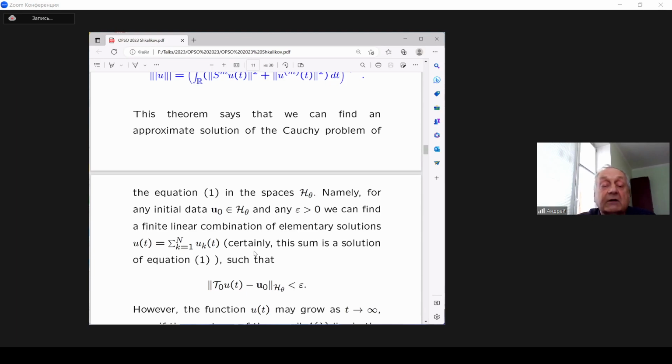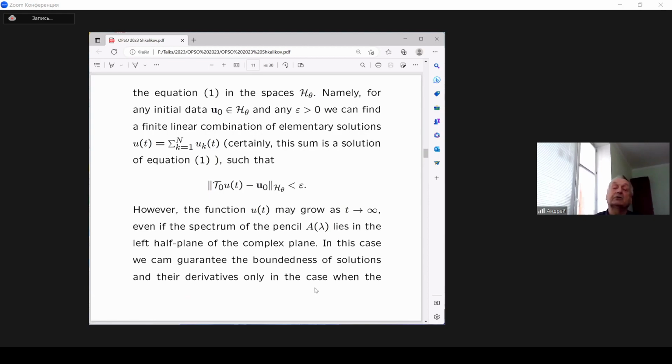Certainly, the sum is a solution: each elementary solution is a solution, and its linear combination also is a solution. And the trace operator applied to u(t) minus the initial data u_0 will be less than epsilon. So we can find an approximate solution of the equation which we defined from the very beginning.